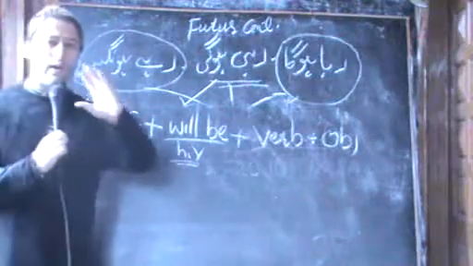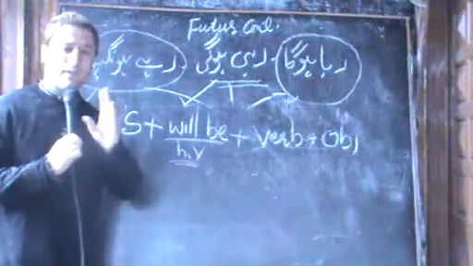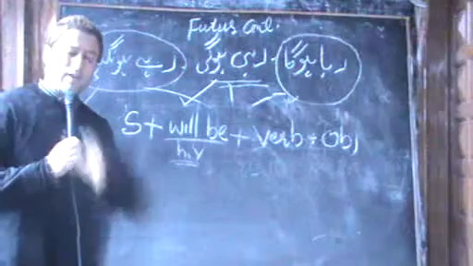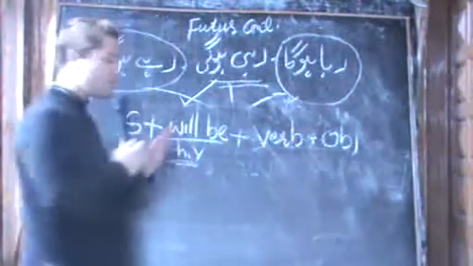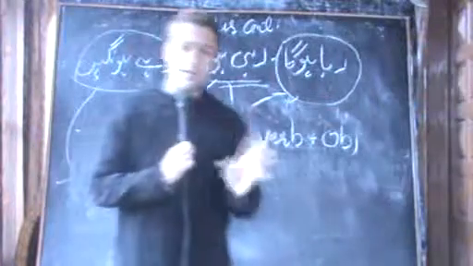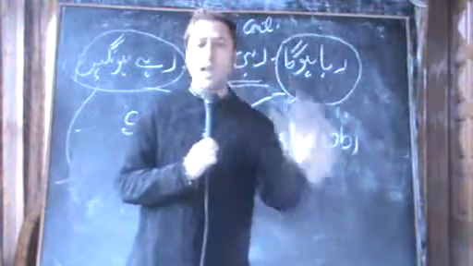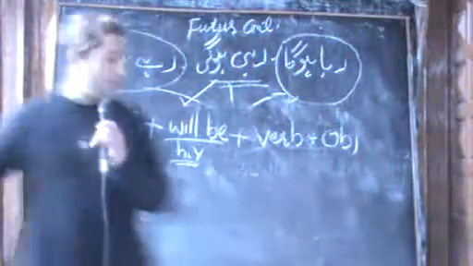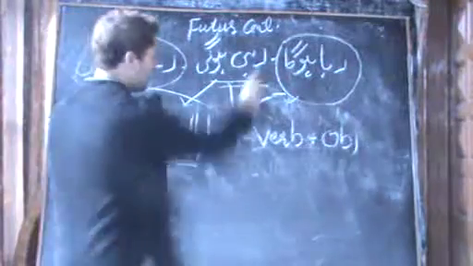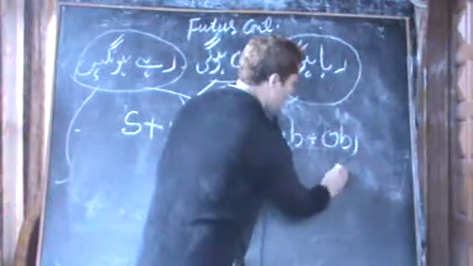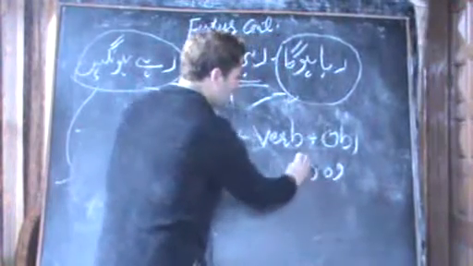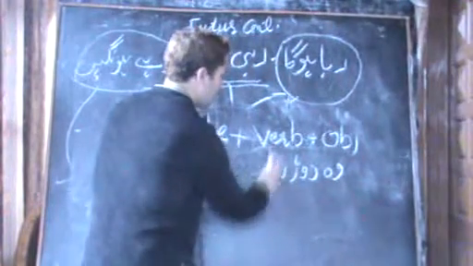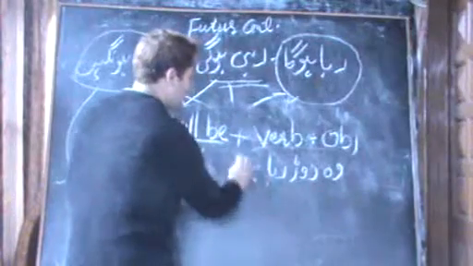When we have negative or interrogative sentences, we have to take will be out. So then we have to translate the helping verb first. I will take the example of the singular first. वो दौड़ रहा होगा.